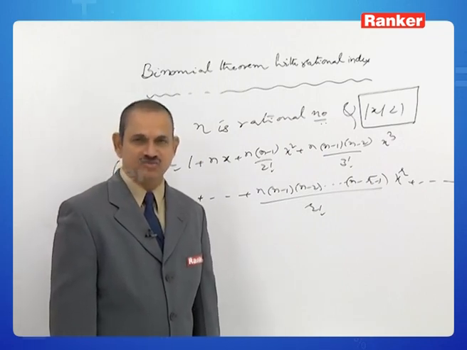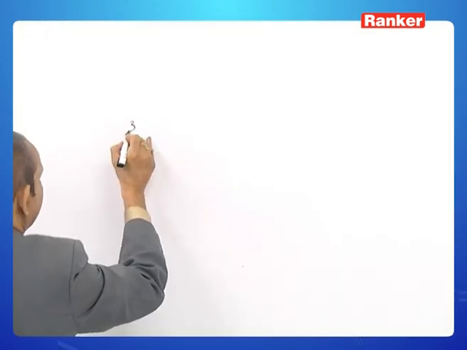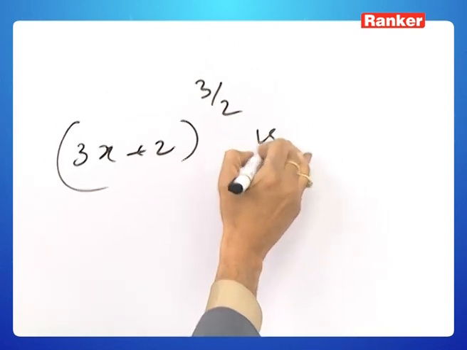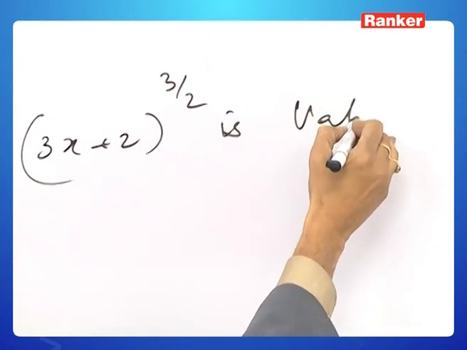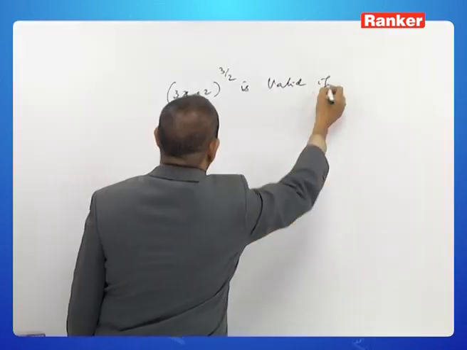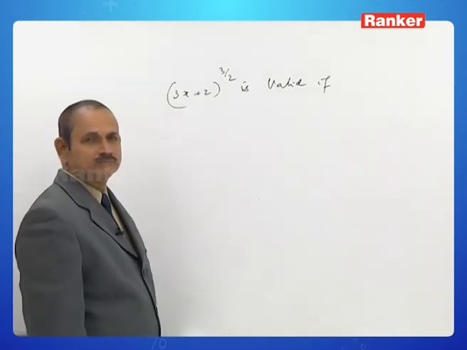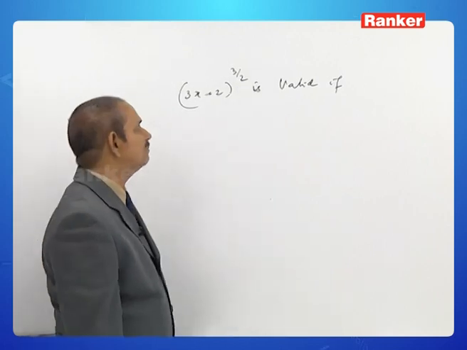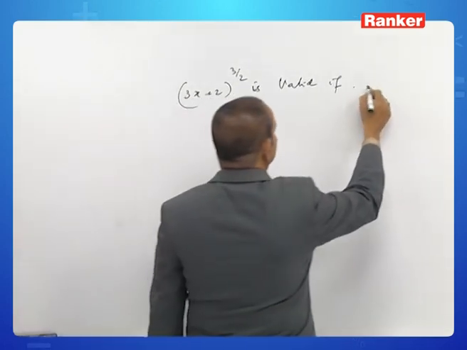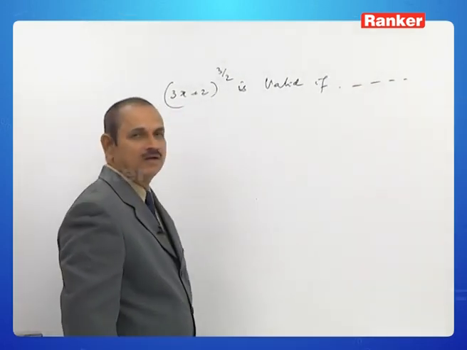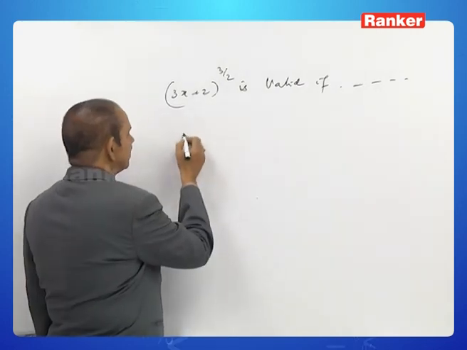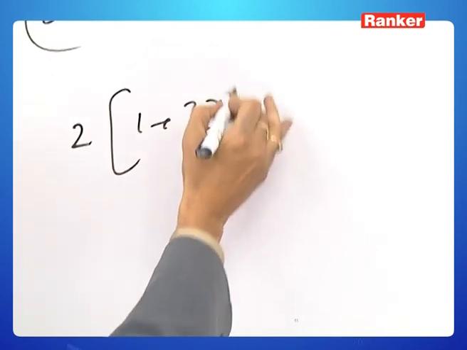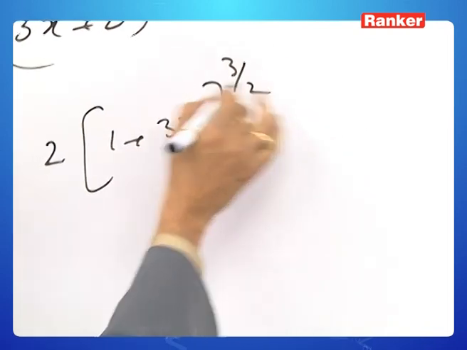How can it be studied? (3x + 2)^(3/2) is valid if... when can you say that this (3x + 2)^(3/2) is valid? That is the question. Observe this. This can be taken as 2 into (1 + 3x/2)^(3/2).